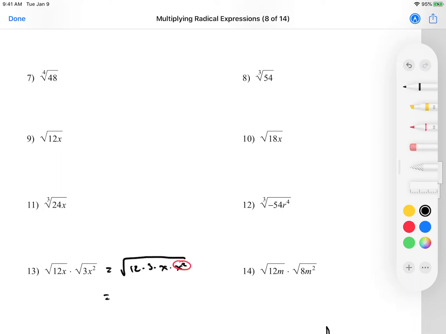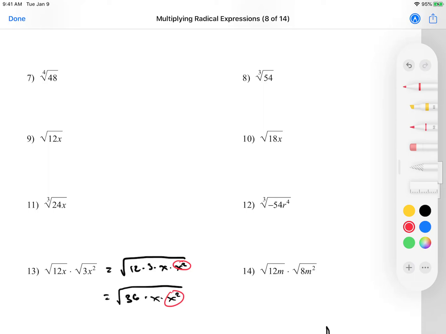if I'm taking out that x squared, what do I have to do? Now, let's hold on for that for just a second. Let's look at the rest of this. I have 12 times 3. What's 12 times 3? 36. And then I'm left with x times, and again, I'm going to leave this as x squared because I already have 2 x's.